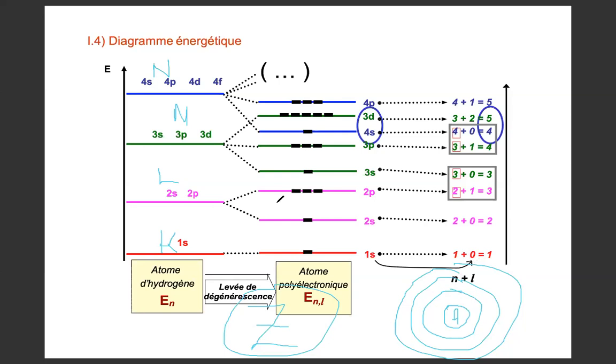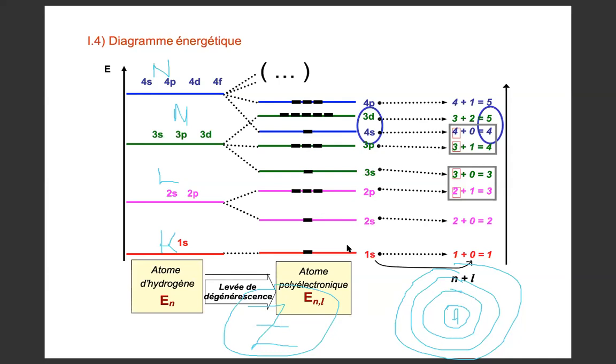Now, each energy level also has what we call a sub-shell, a sub-energy level. The sub-energy levels are defined in terms of the quantum numbers: the angular quantum number, the principal quantum number, and the magnetic quantum number. The spin is not a problem.